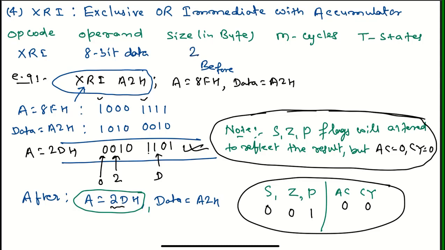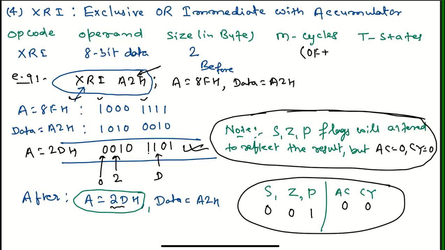Now we'll talk about the machine cycles. By default, for all instructions the first byte will be opcode fetch. So this XRI gives the opcode for this instruction, and the first machine cycle by default will be opcode fetch. Then the second byte will be the operand of this instruction, A2H, which is outside of the processor.